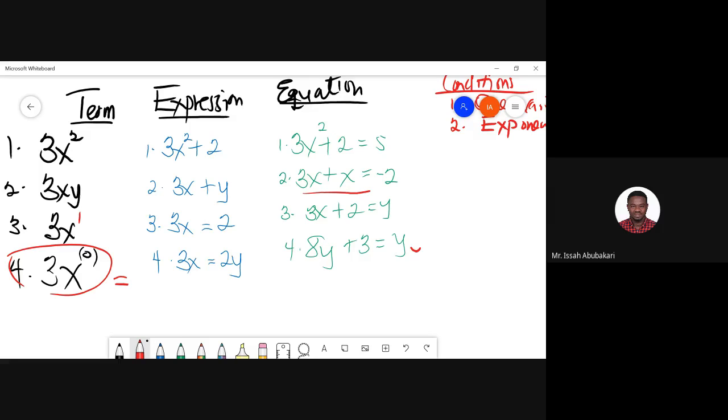So it doesn't qualify to be called linear equation with one variable. All right. Please, any question? This is what we have to know: the term, the expression, and then the equation. The next thing we are going to do is solution. We are going to look at linear solution. Any question with these before you move on?